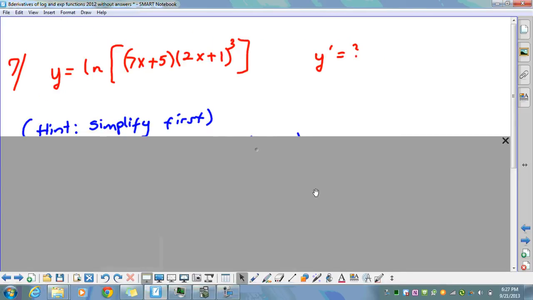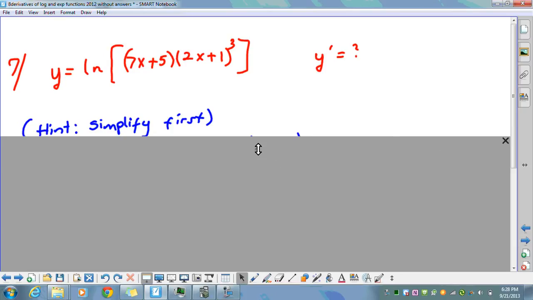Okay, I hope you had a chance to look over this problem and to try it on your own. And let's look at it together. The suggestion was to simplify it first.